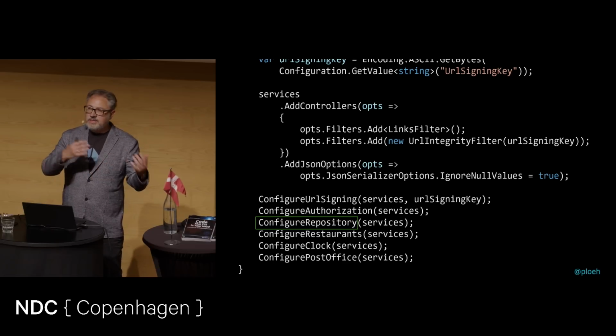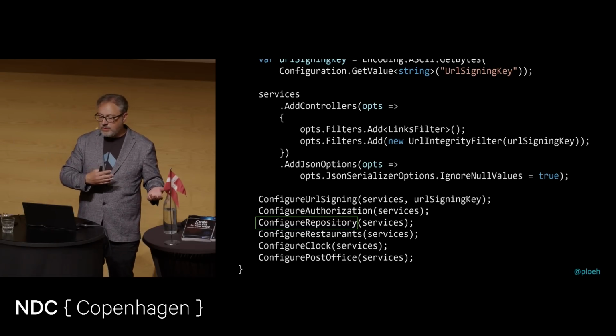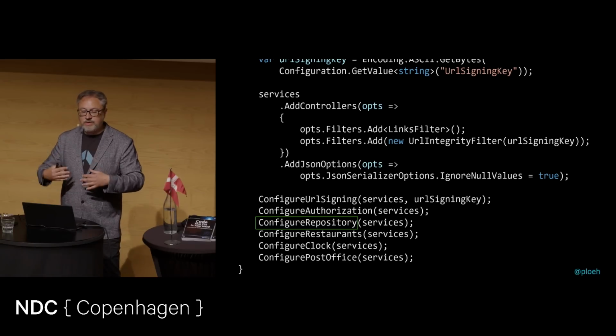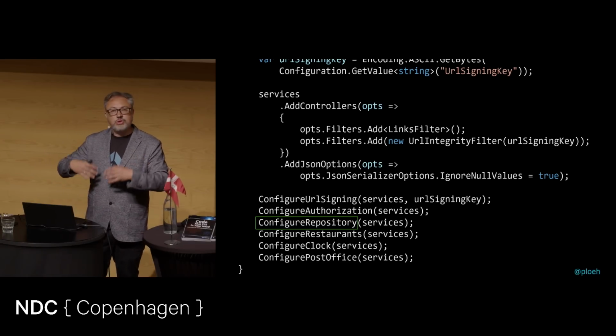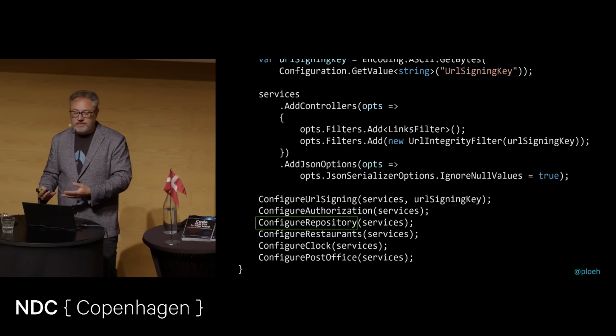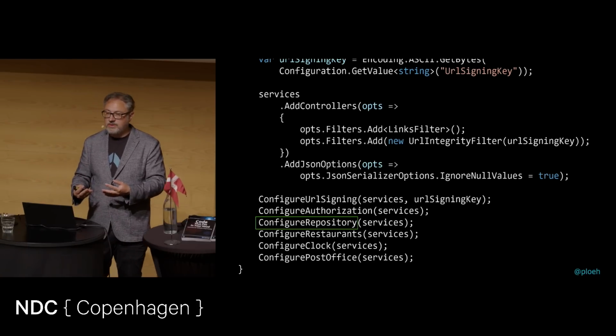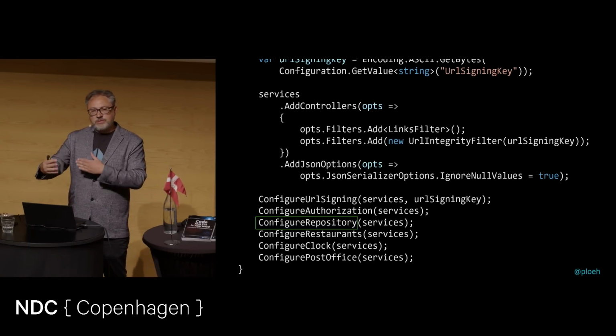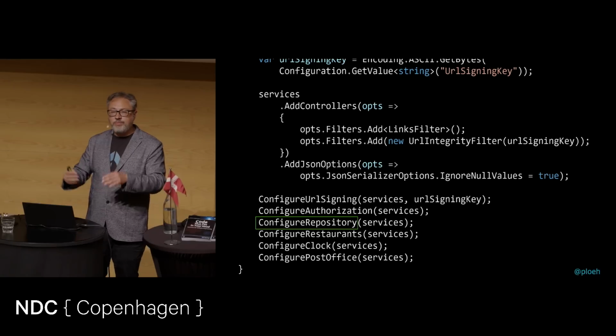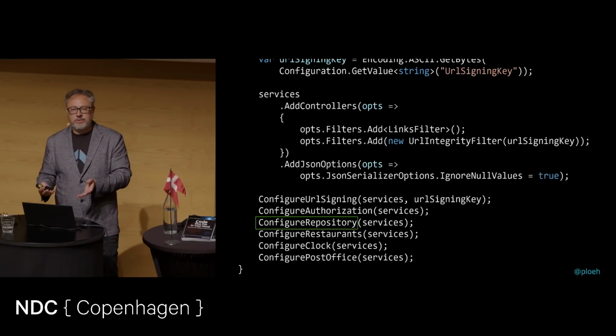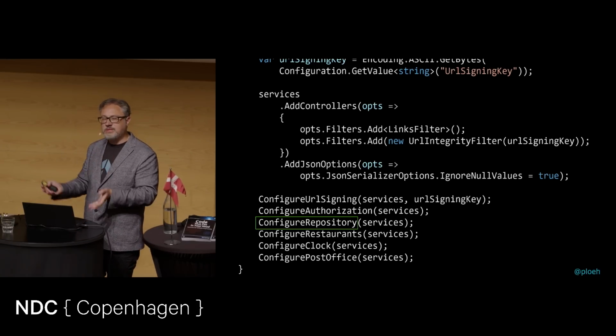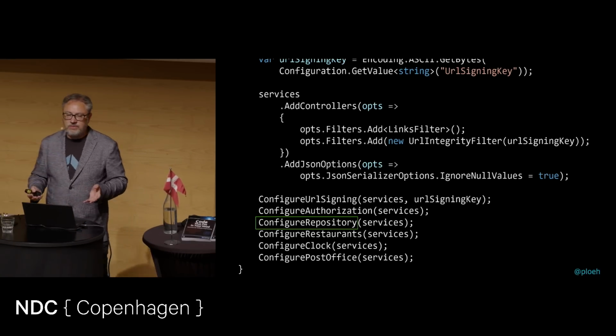But what happened inside of configure authorization, or what's later going to happen inside of configure restaurant or configure clock, should not be important in order to understand what happens inside of configure repository. So each level of abstraction should come with its own scope of understanding, and you have to be quite deliberate about designing what's in scope and what's outside of scope.